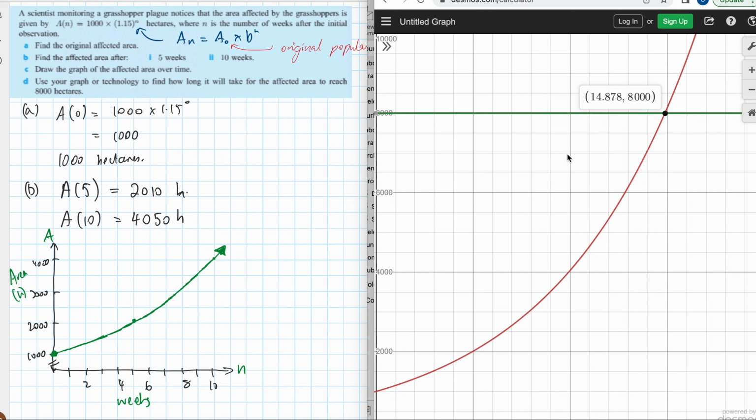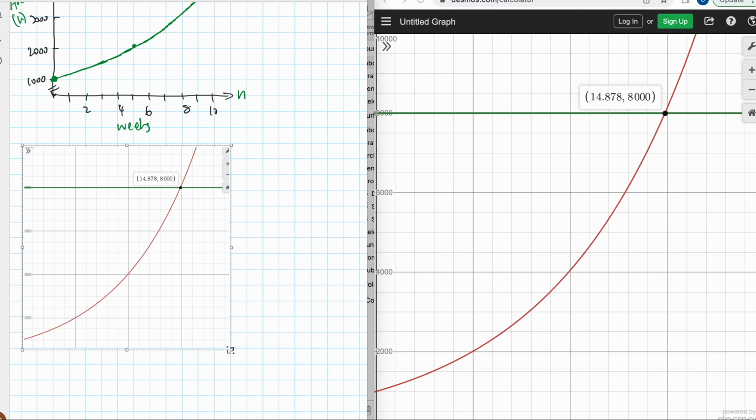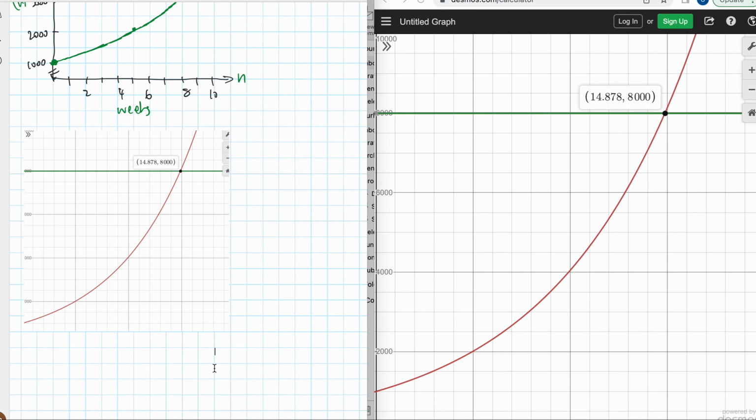So here we go. We've got our intersection, and I'll just take a screenshot of that just to make it pretty. Paste it in. Okay, and let's talk about that. Here's our intersection. I'll highlight that. And then we want to make a sensible answer here.